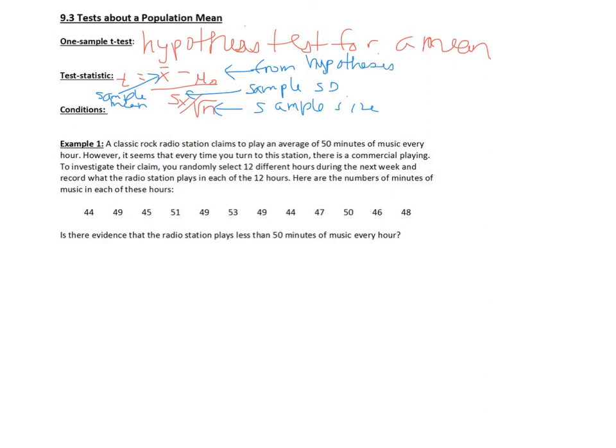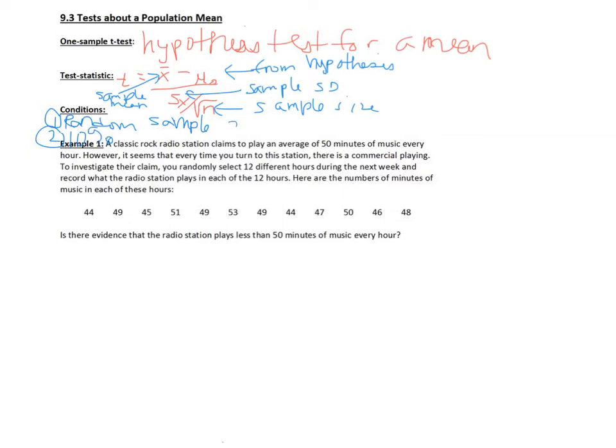Okay, so this one, the conditions are going to seem pretty familiar. You'll notice with the t-test, it's going to be similar to the t-interval that we did before. My first condition is the random sample condition. My second condition is going to be the 10% condition.